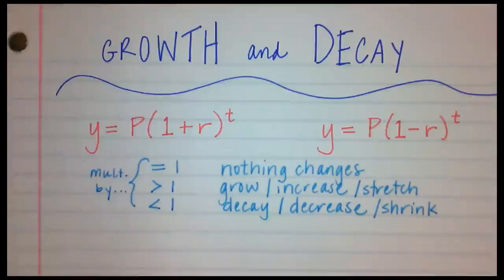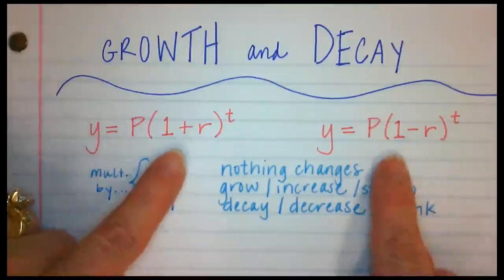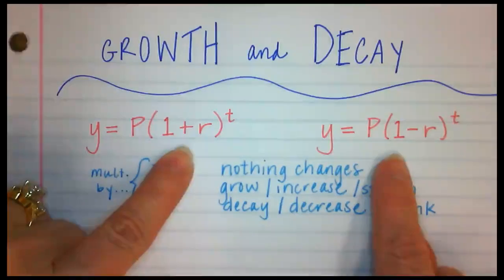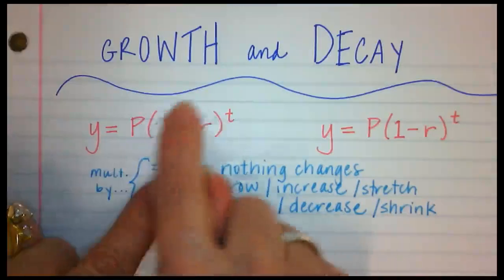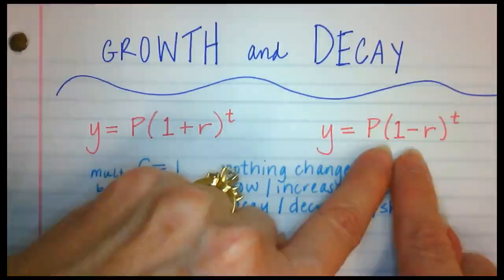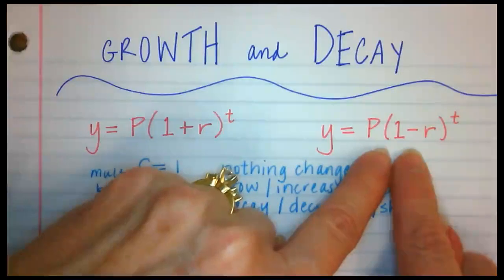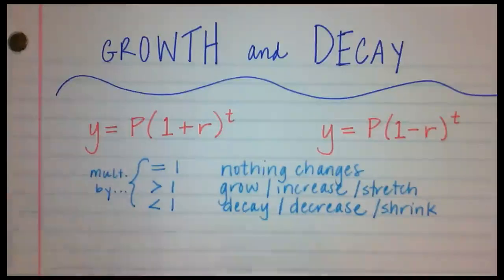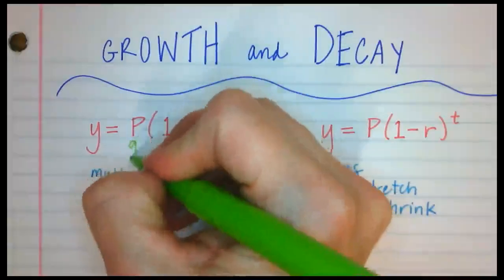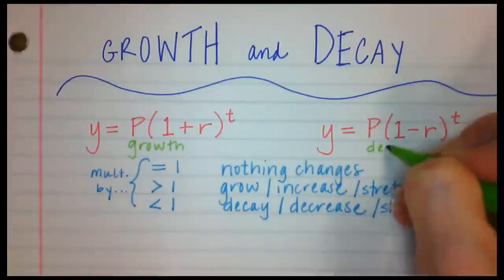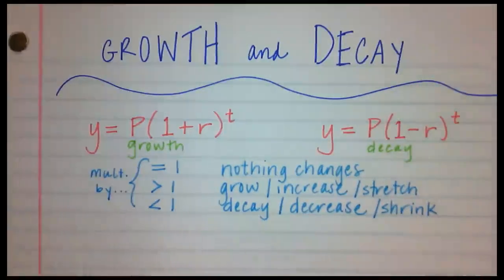All right, so thinking of that, hopefully you will look at this and it makes sense that this on the left is the equation for growth, because we're going to end up multiplying by something bigger than 1. And this equation is the one for decay, because we're going to end up multiplying by something less than 1.